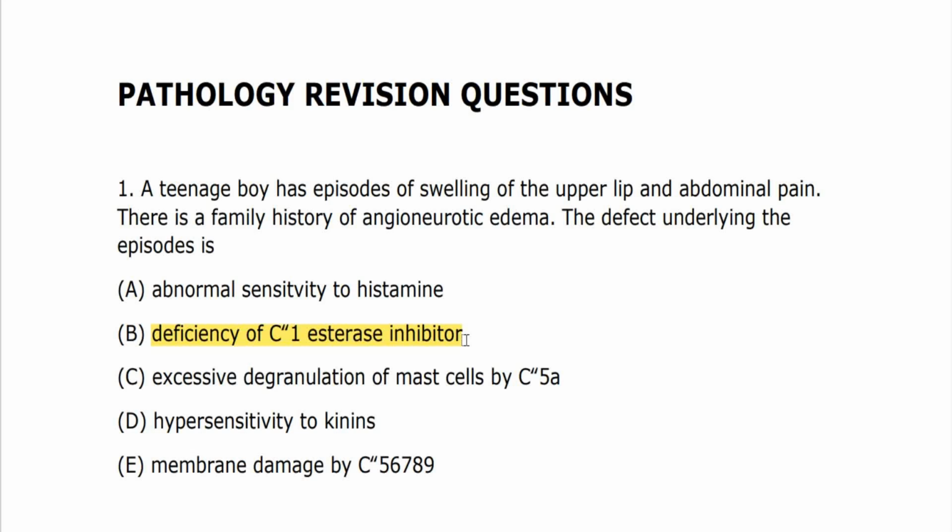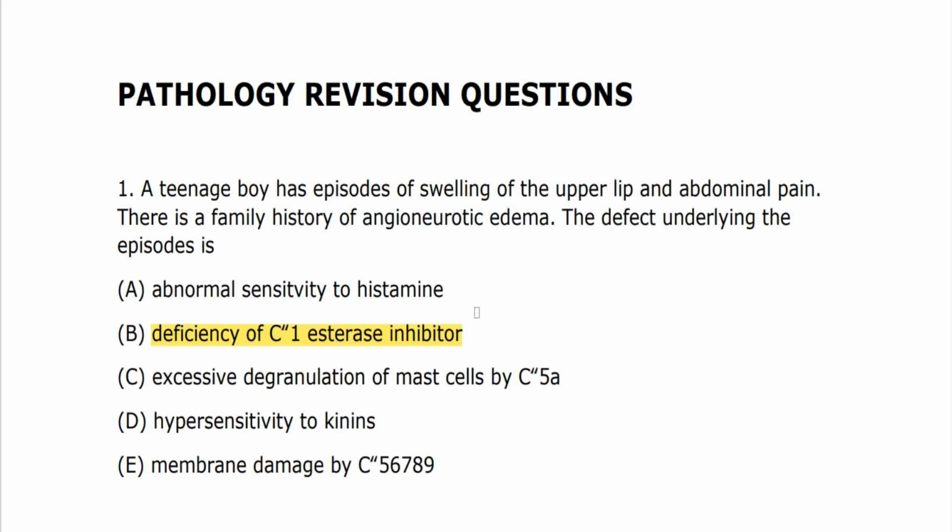That also includes activation of prekallikrein, which is needed in production of bradykinin eventually. Bradykinin increases vascular leakage, so fluid leaks outside the vessels into the interstitium and causes edema. Now, C1 esterase inhibitor is more like a regulatory protein that keeps all of these activities in check. When it is deficient, you have more of the products of the complement system, and of course more bradykinin. This is what actually leads to hereditary angioneurotic edema.